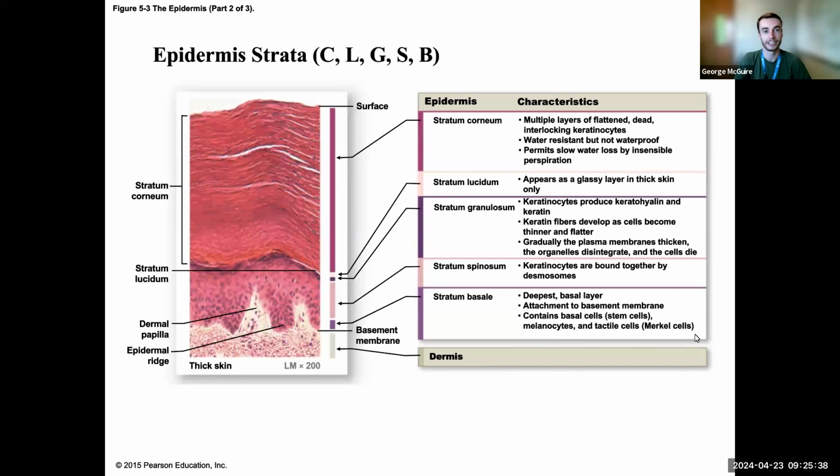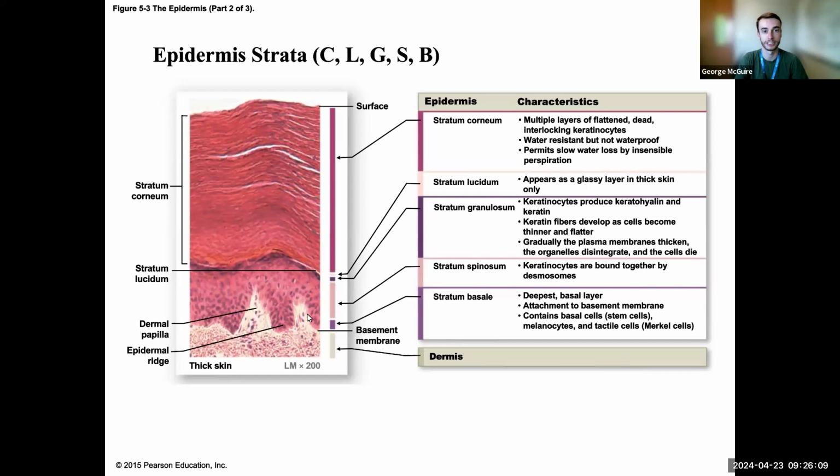And then we have tactile cells, our Merkel cells, which are what are going to innervate the various neurons, nerves that underlie the epidermis within the dermis, and provide that sensation of touch, temperature, and pain for us. So stem cells, melanocytes, and tactile Merkel cells are what you would find in that basal layer. And the basal layer is the only strata of our epidermis that is not squamous epithelia.